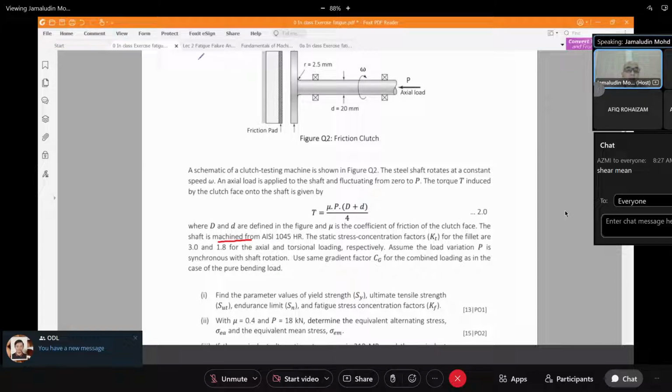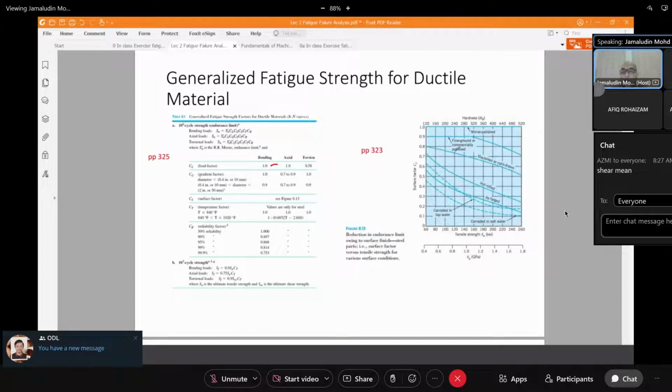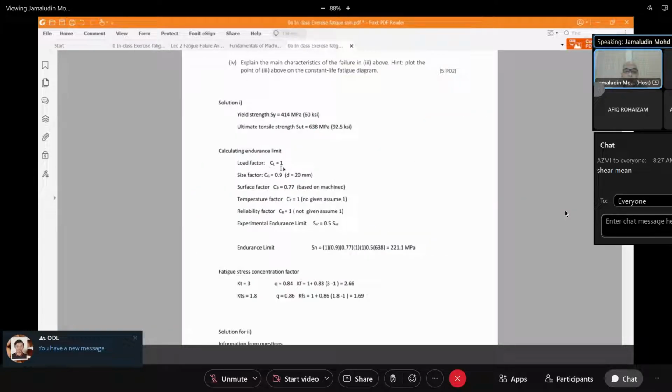That means you have to look at the machined curve, because for hot roll there is a separate one. Based on SUT, you get the value. CL equals 1, CG equals 0.9, surface factor 0.77, temperature and reliability not given, CT and CR equal to 1. The endurance limit is 0.5 SUT. Plug all the values into the equation, and you get 221.